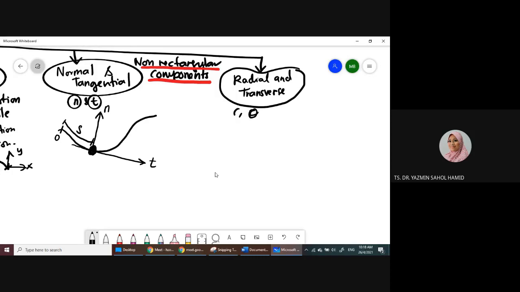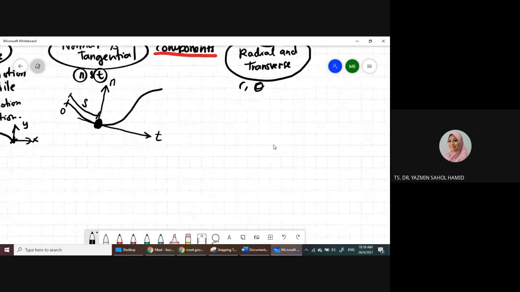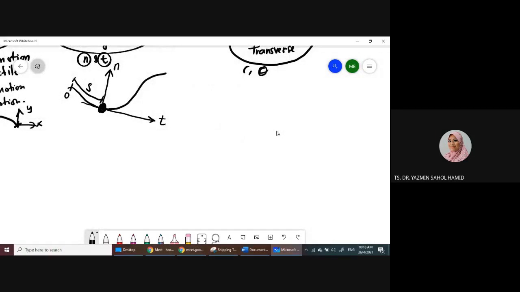This is n. So when you get a question in the future, you have a particle here, here, and here, and you need to identify the normal and tangential components. Let's say the origin is here, so the particle is moving in that direction.